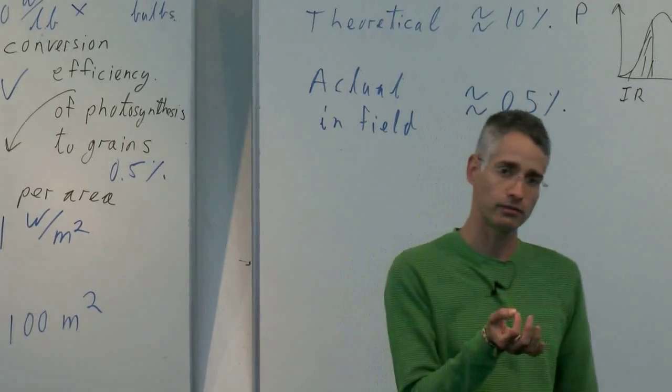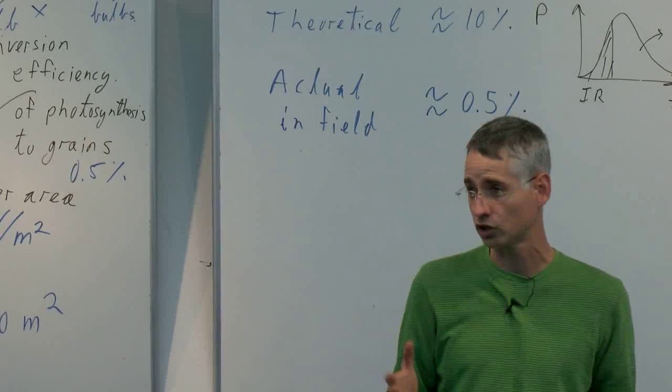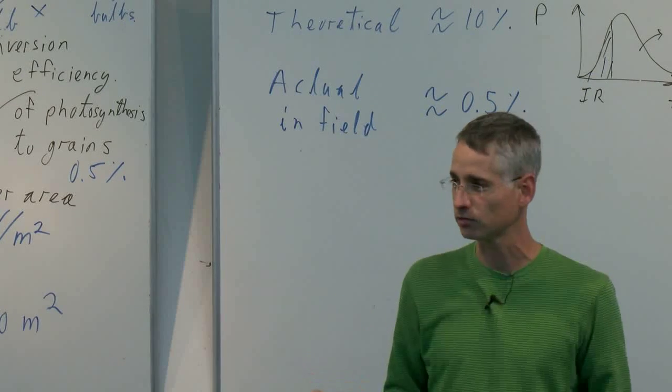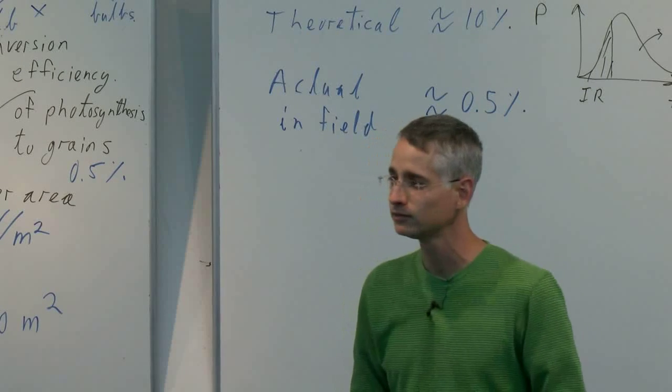The other major factor is if you look at the area used for agriculture, for cultivation on Earth, there's another factor of 2, which comes from what? The distribution of land.